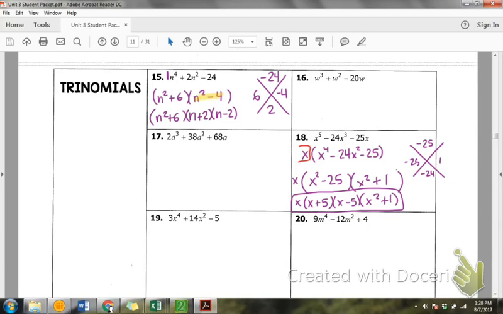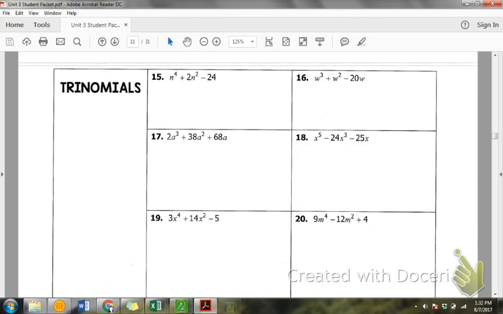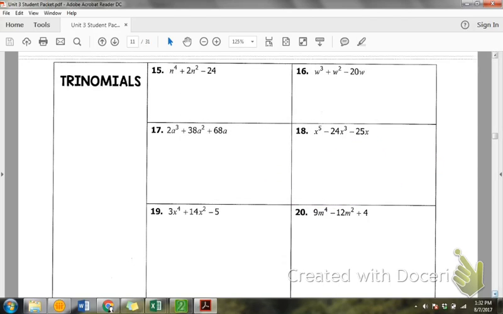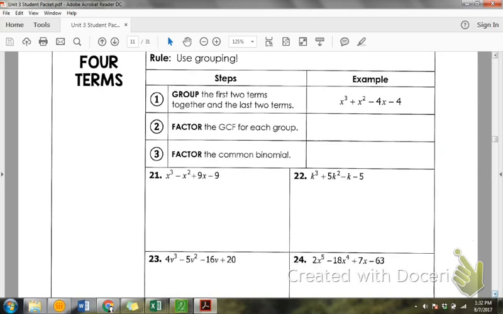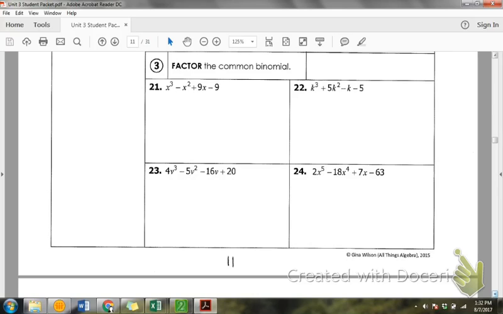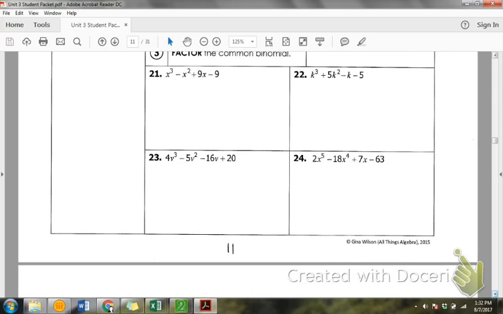Right. Okay, so let's look down there where it says factoring by grouping with 4 terms. You actually should have already done this in your homework from Thursday. Let's look at number 21. We know that when we have 4 terms, we're going to start by grouping, right? So I'm going to group the first 2 together, and I'm going to group the second 2 together.